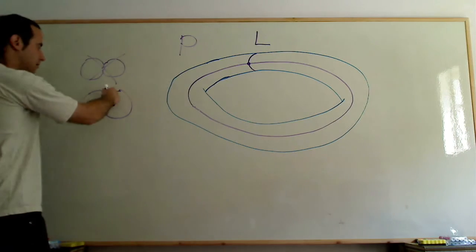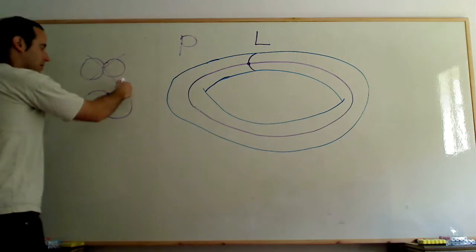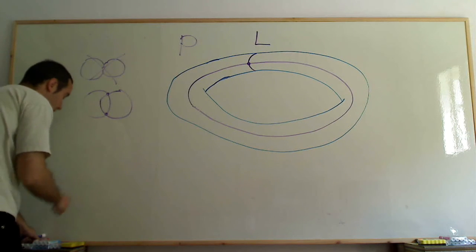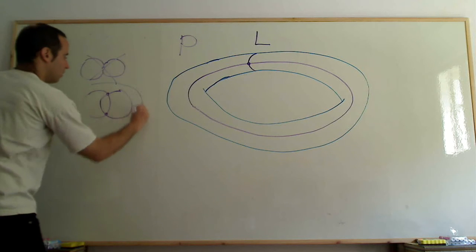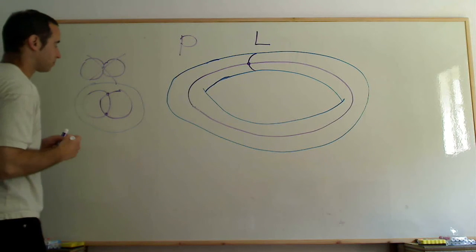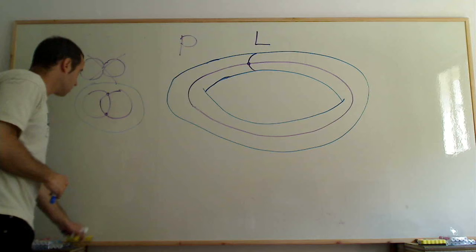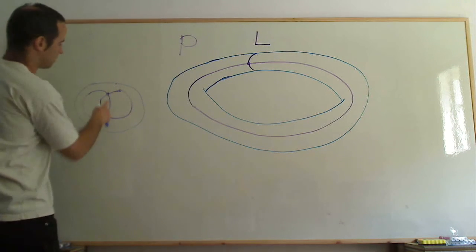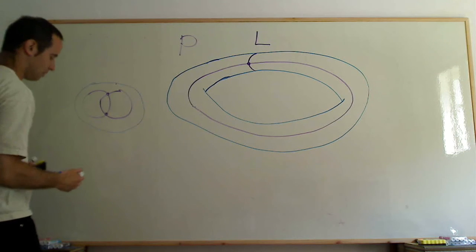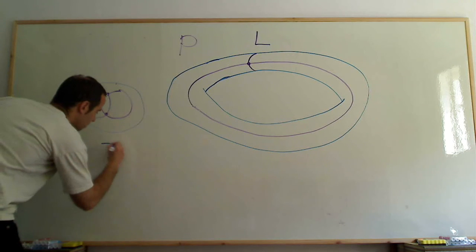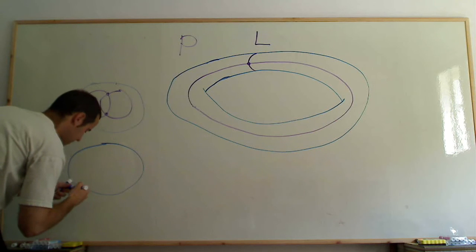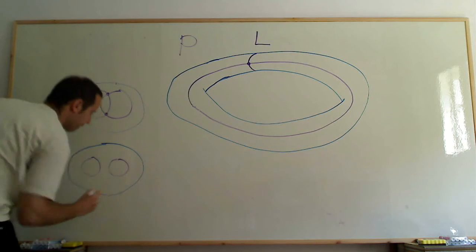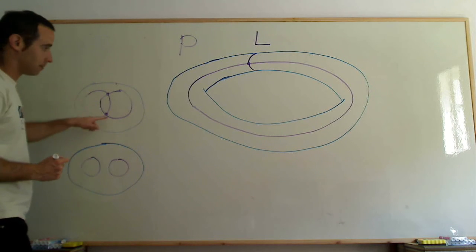But if they cut inside, they have to cut outside. This is on a simply connected shape. So this doesn't exist. On a simply connected shape, we had either zero cutting or two cutting.